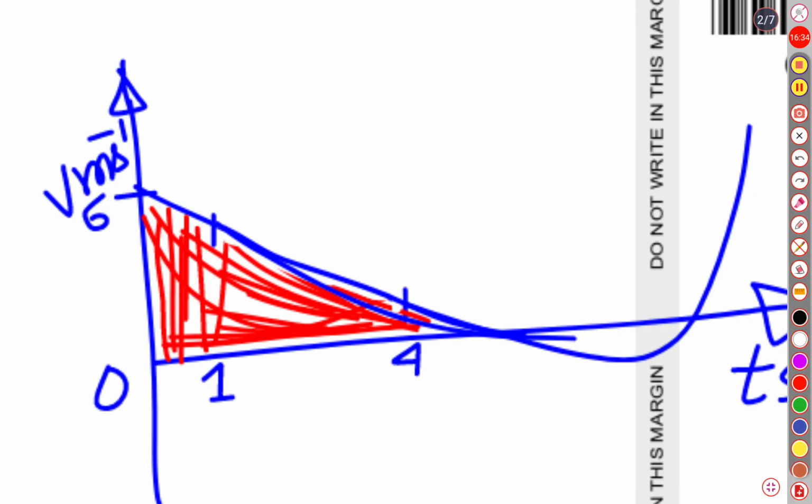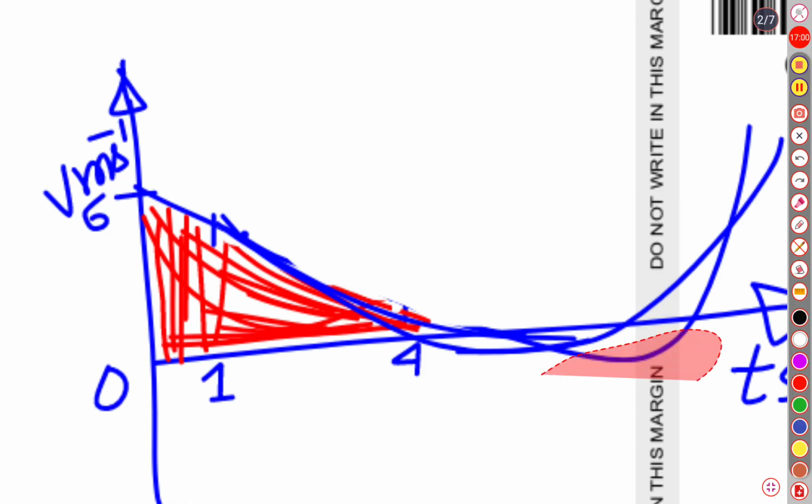What I am trying to make you understand is that acceleration is not constant, that's why the curve will not be a regular curve. After 1 second it may look like this. Okay, let me erase these unnecessary parts.